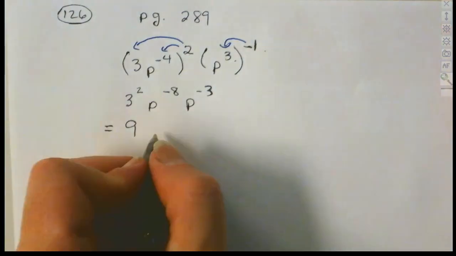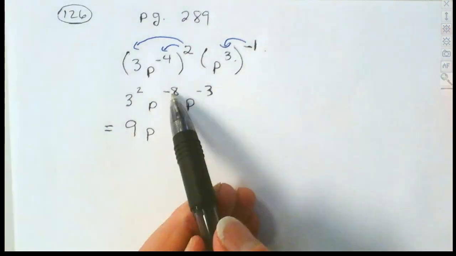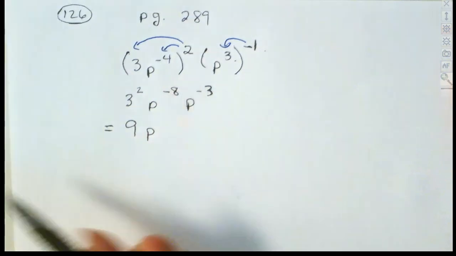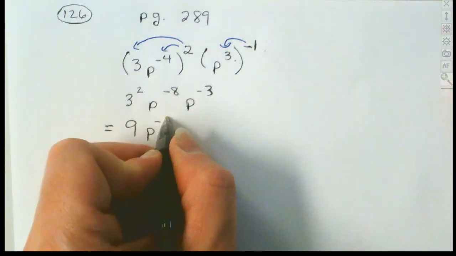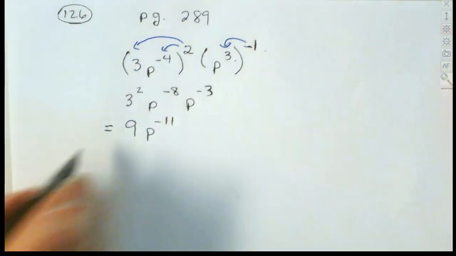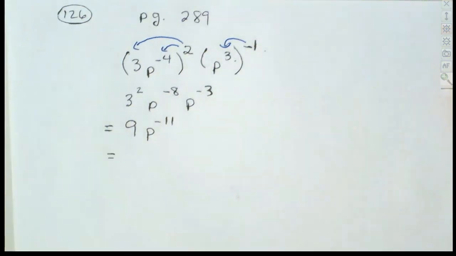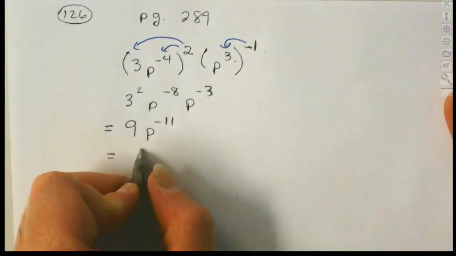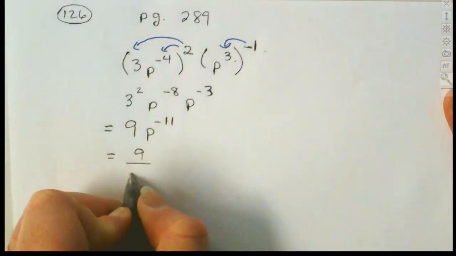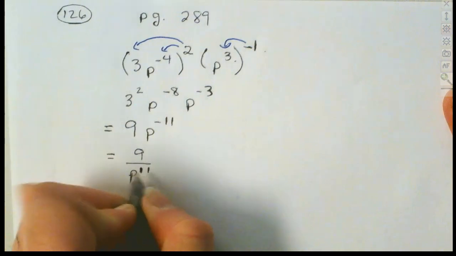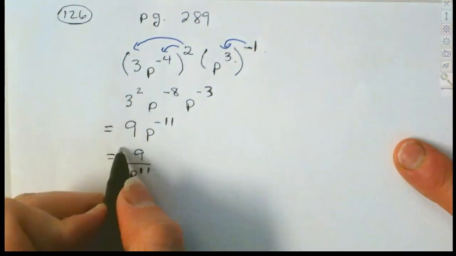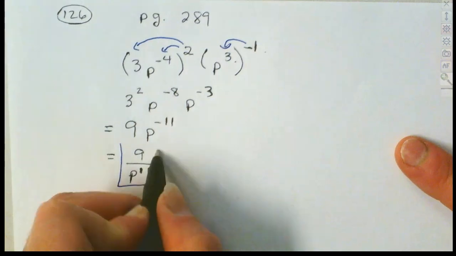We're going to add these p's together, and we have a negative 8, minus 3 more makes it negative 11. Now, are we done? No. Why not? Because can we have a negative exponent left over? No. So our final answer would then be 9 over p to the positive 11th power. And that's as far as we can possibly go.